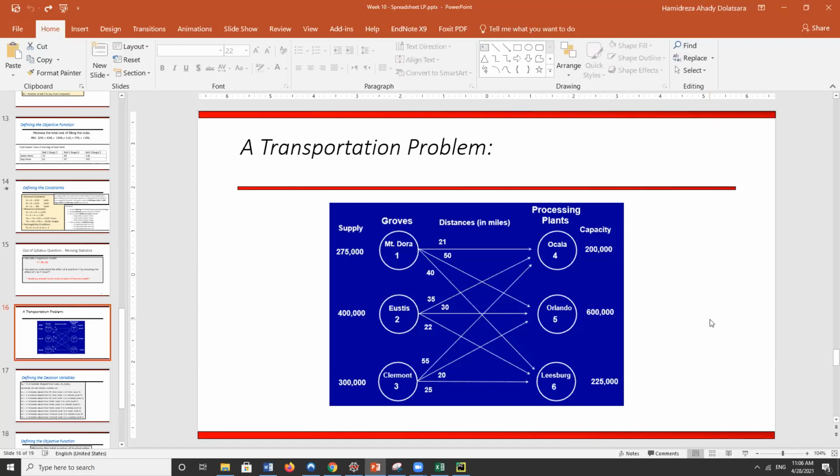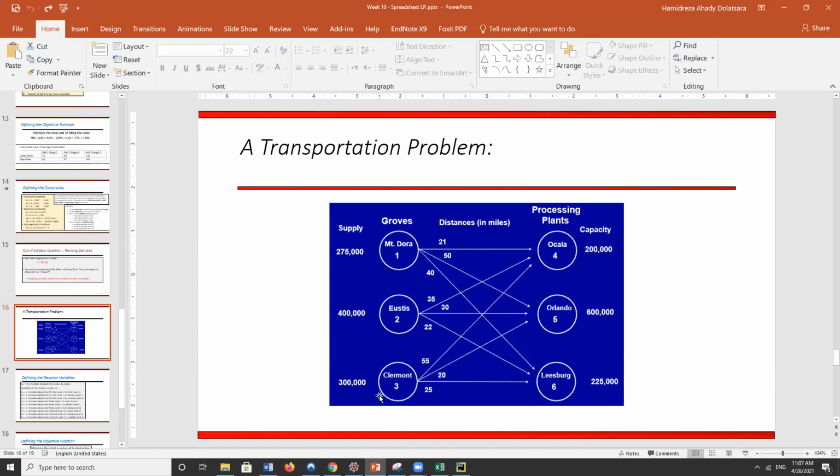So, farmer groups. One is Mount Dora, and it has a 21-mile distance to Ocala, 50-mile distance to Orlando, and 40 miles to Leesburg. Farmer group Ostas has 35 miles to Ocala, 30 miles to Orlando, and 22 miles to Leesburg.